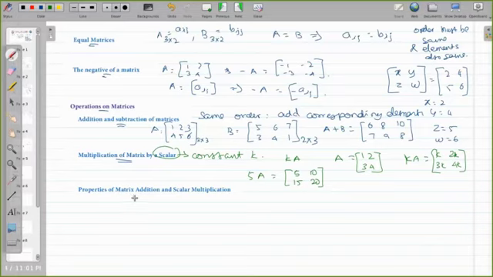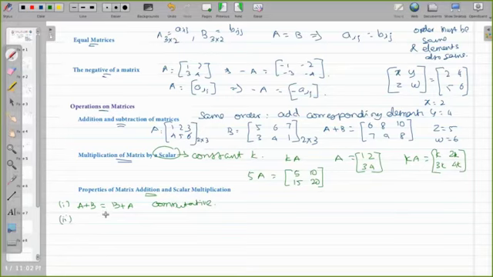Okay, children. Then there are the properties of matrix addition and scalar multiplication. The first one: A plus B, the sum of the two matrices, is nothing but B plus A, children. It is commutative. Similarly, you can check this example.